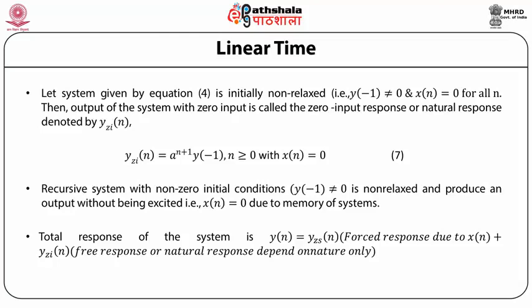So a recursive system with non-zero initial conditions, y(minus 1) not equal to 0, is non-relaxed and produces an output without being excited, that is, x(n) equal to 0, due to the memory of the system. The total response of the system is y(n) equal to y_zs, that is the forced response due to x(n), plus y_zi, that is the free response or the natural response, which depends on the nature of the system only.